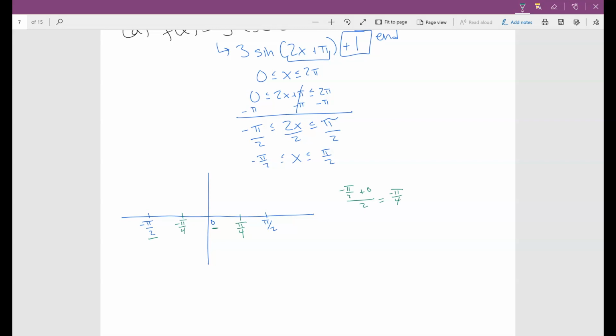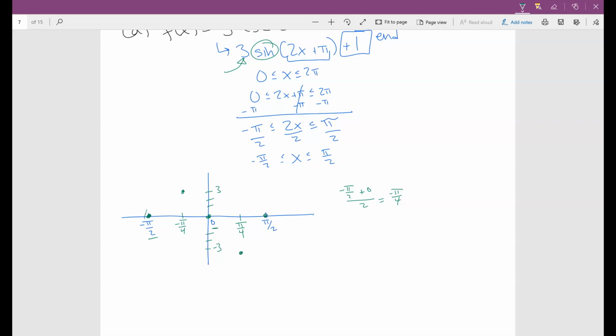Now let's kill two birds with one stone because we see that there's a 3 there. So we're going to multiply all the y values by 3. And because it's a sine curve, we're going to start at 0. So 0, then 3, then 0, negative 3, 0.